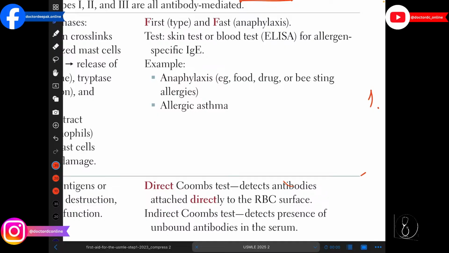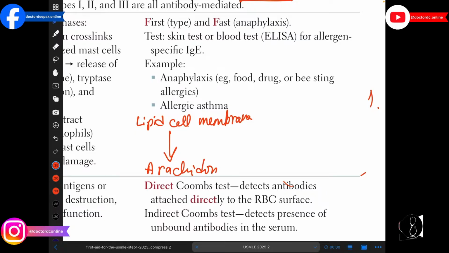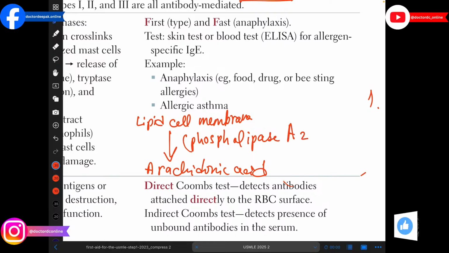If we go towards eicosanoids, it is like this: this is a lipid cell membrane, and it makes arachidonic acid with the help of phospholipase A2.